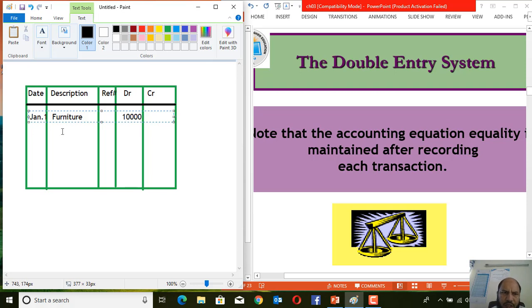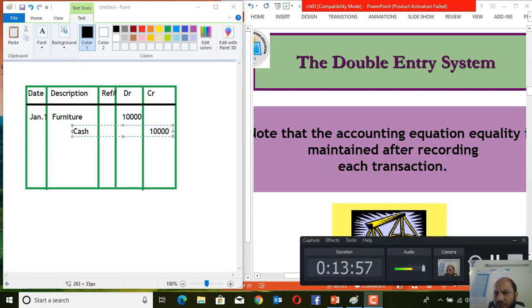But at the same time, the company purchased this furniture in cash, so the cash account of the company decreased. When there is a decrease in the cash account, we will record this at the credit side because an asset of the company decreased. So see, we have 10,000 over here and 10,000 over there. This is what we may say is the equality of the transaction.